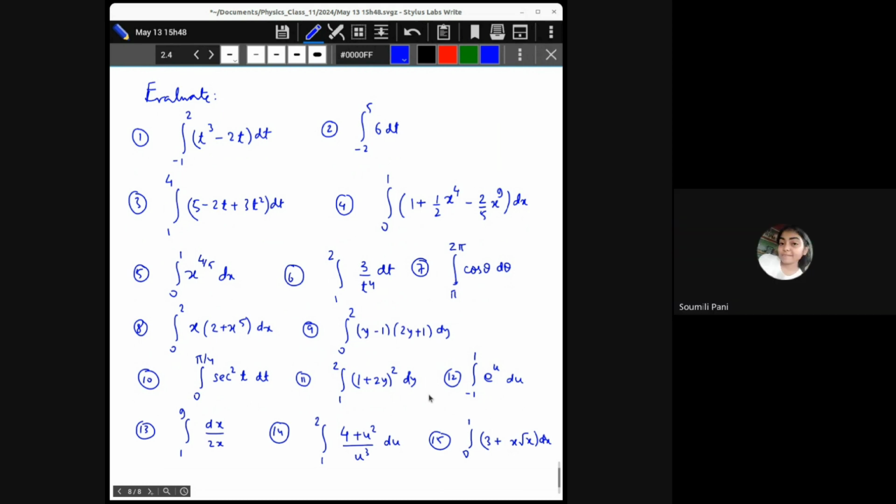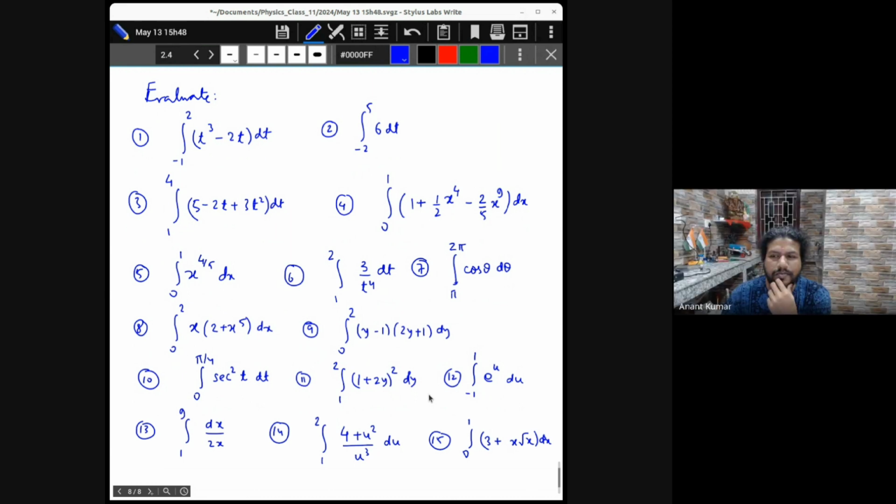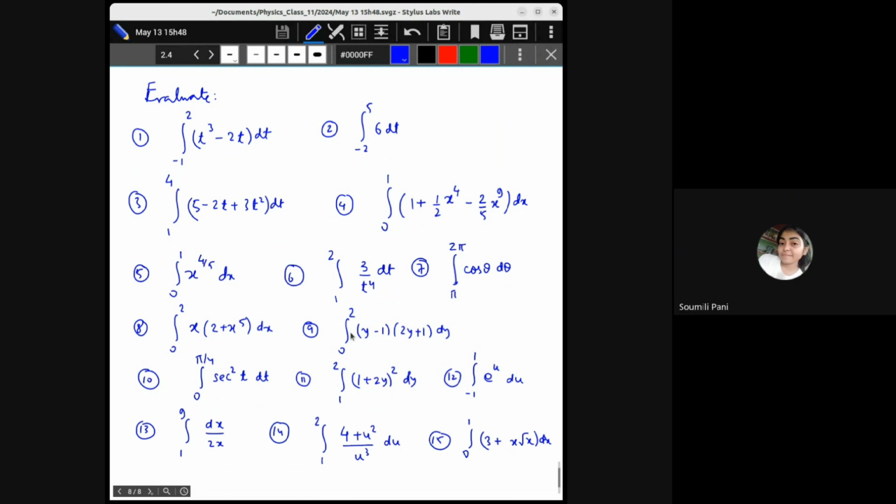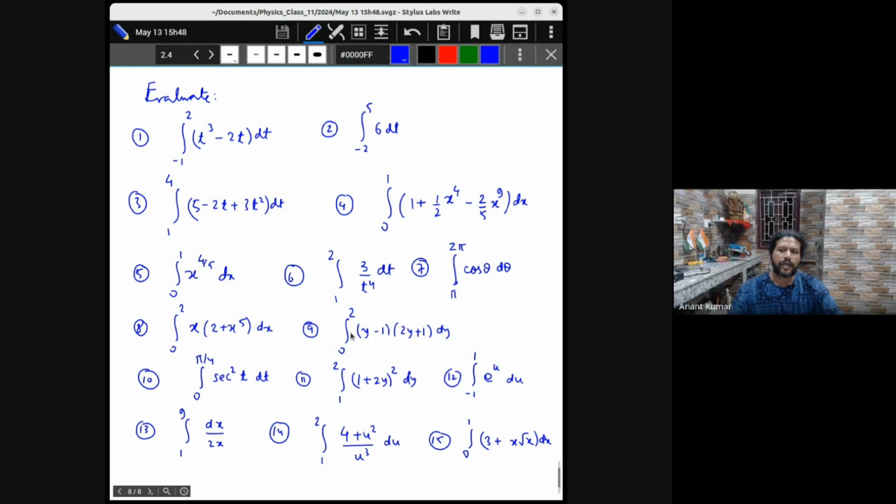Sir, for the limits of pi, do we need to put the value of 22/7 and then evaluate? Oh, no. In this case, you remember the radian measure of angles? With radians, yes, I can. Actually, in this case, you need not put pi as 22/7.